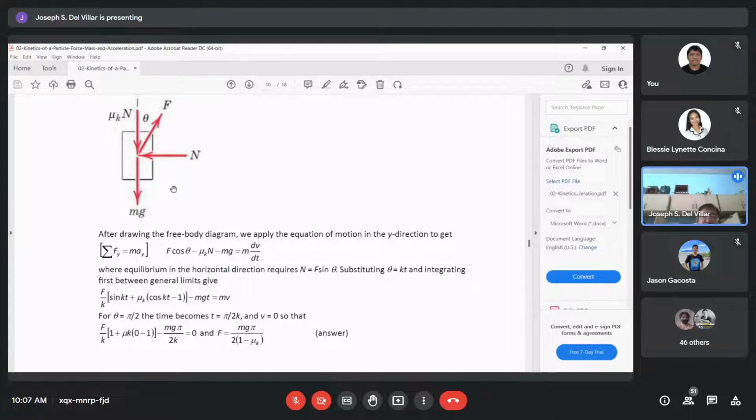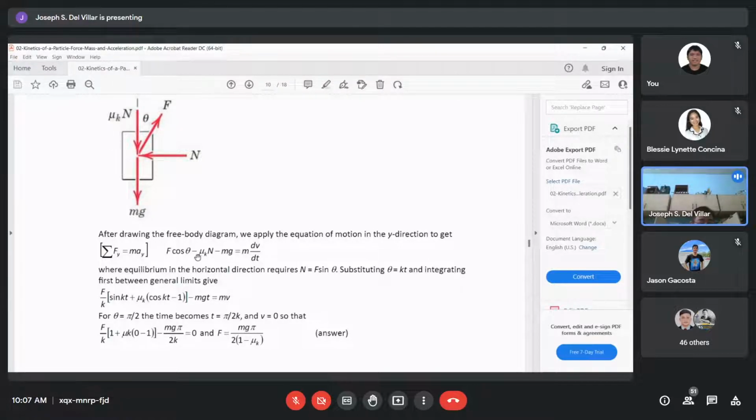Okay? So F cosine theta minus the frictional force, so mu sub k times n, so minus mu sub k times n, and then minus also the weight, no? Itong mg, because both are downward.